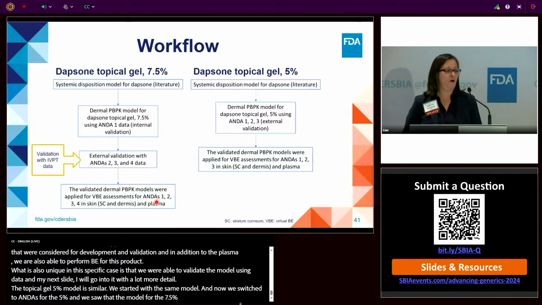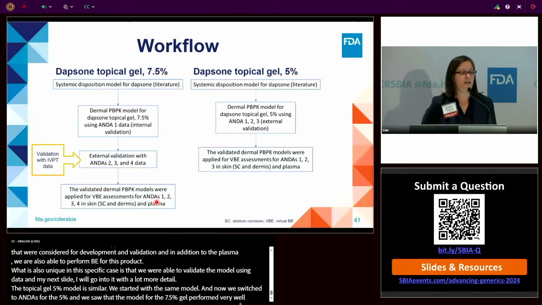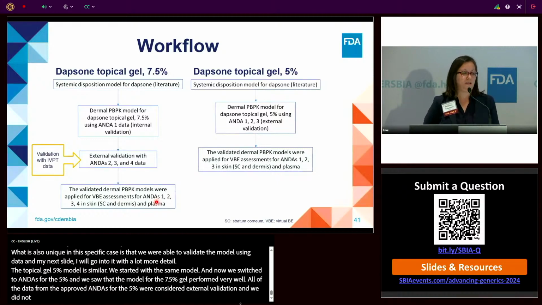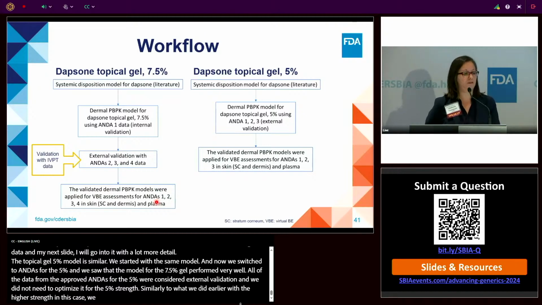So all the data from the approved ANDAs for the 5% was considered external validation. We did not need to optimize the model at all for the 5% strength. And similarly to what we did earlier with a higher strength, in this case, we applied the model for VBE assessments for the approved ANDAs for the 5% strength in the stratum corneum and dermis, so locally and systemically.